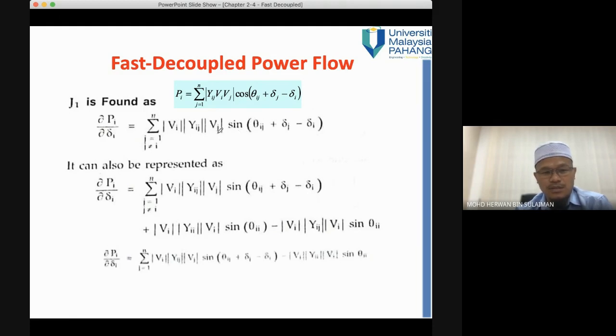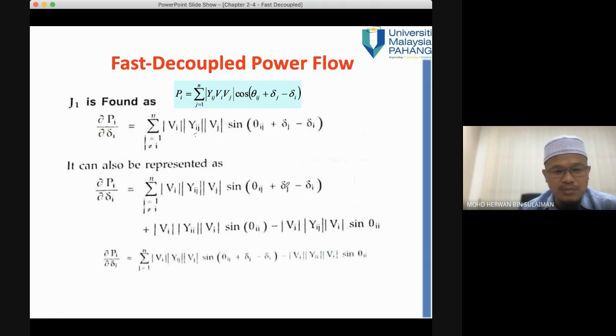Okay, this equation basically you can represent in terms, you boleh pecahkan this one melibatkan Ij kan, ni Vi, Vj. So bila you pecahkan diagonal parts, when you do the diagonal parts, you dapat Yii, Vi, Vi, so Vi square lah. Betul tak?